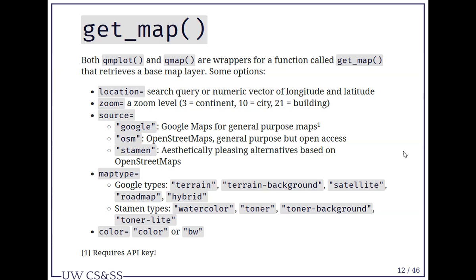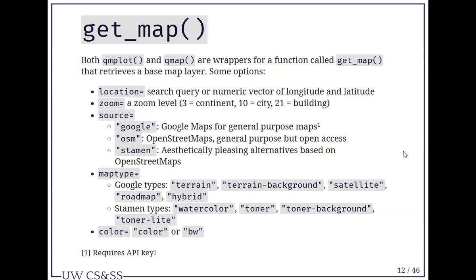There's a zoom, which is given in numbers, where a 3 is continent and a 21 is building. The sources that are available are Google, OSM, and Stamen. OSM is not currently available in the CRAN version of ggmap, but it is in the GitHub version. I'm not exactly sure what's going on with that, but it is available sometimes.